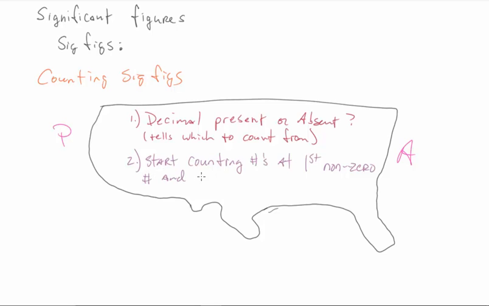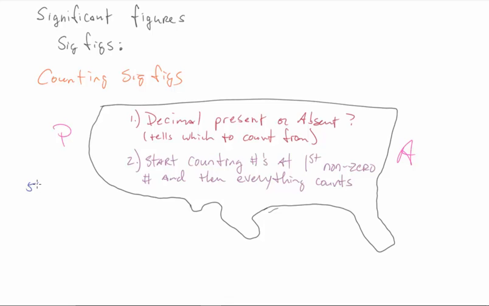After that, everything counts. So the two things we look at are whether the decimal is present or absent, and then, whichever way we start counting from, once we start at that first non-zero number, we count everything after that. We don't have to look and see whether it's a zero or not.